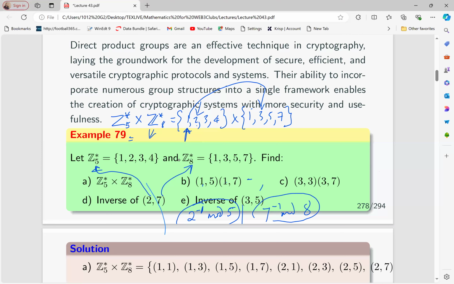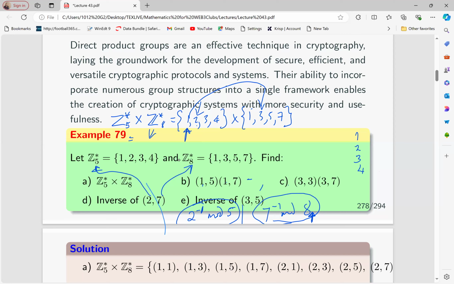What will be the inverse of 7? Since the modulus here is relatively small, you can use trial. 1 is not, because 1 times 7 is 7. 2 times that is 14, which is not. 3 is 21, which is not. 4 is 28.